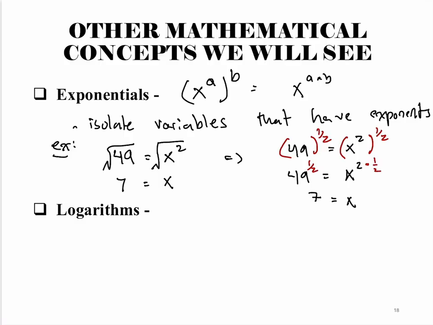And one thing that'll definitely show up when we're talking about acids and bases are logarithms, right? So these are the inverse of exponents. And we have two types that we can use generally: the natural logarithm and usually base 10 are the two.